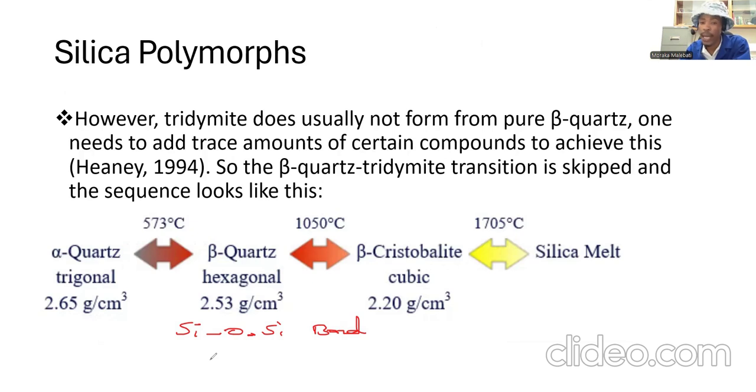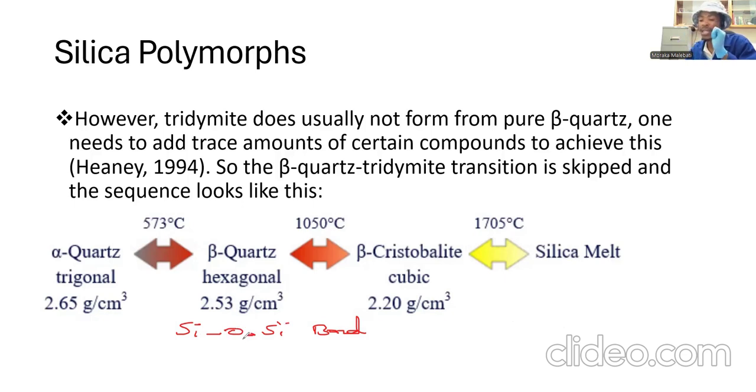The transformation is controlled by the Si-O-Si bond. Okay, that's basically what's happening. The silicon-oxygen-silicon bond refers to the bond that connects two silicon atoms through the oxygen atoms.